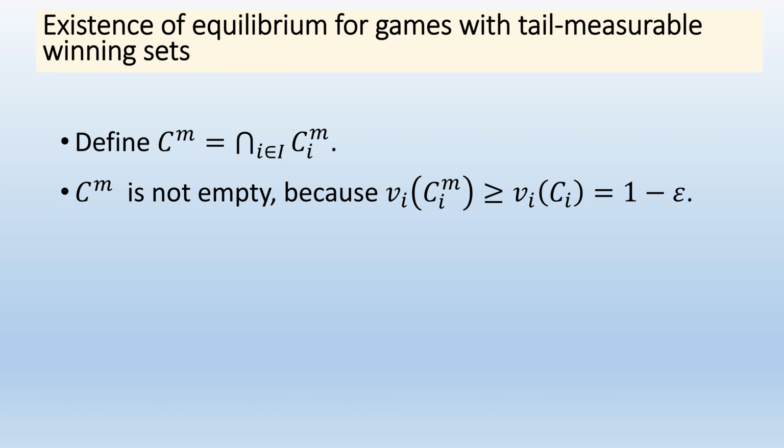CI is closed. There are only two tail measurable closed sets: the empty set and everything. So actually, everything that is not the empty set or everything cannot have an inside approximation that is tail.